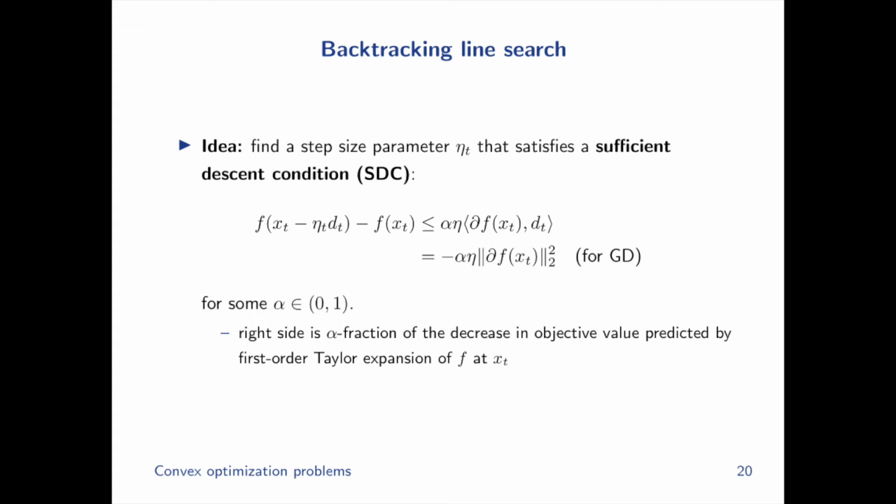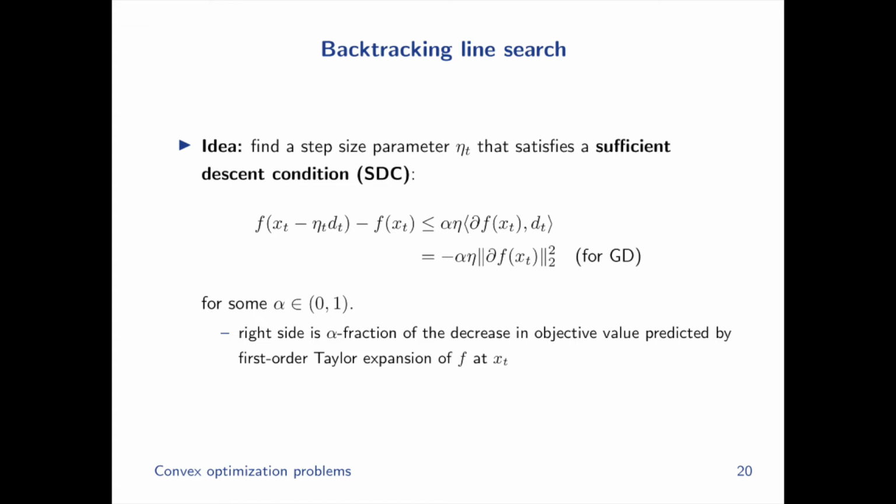Now, when I pick a particular step size, so I make a particular move to my next candidate iterate, I want the difference in the function values between this candidate iterate and the current iterate to be not too small. I want it to be at least, let's say, half or maybe 10% of the decrease predicted by the first order model at the current iterate. And that's basically what the sufficient descent condition is intuitively trying to capture.